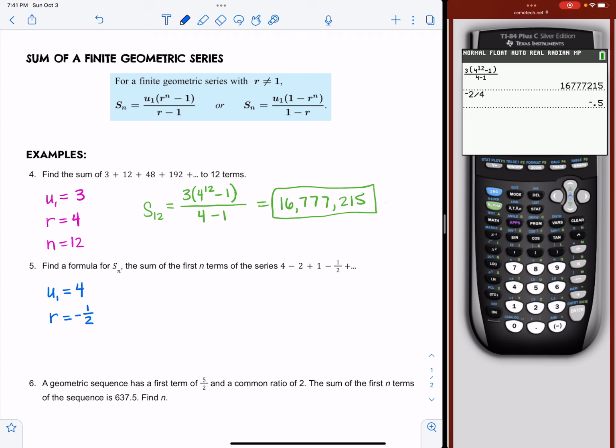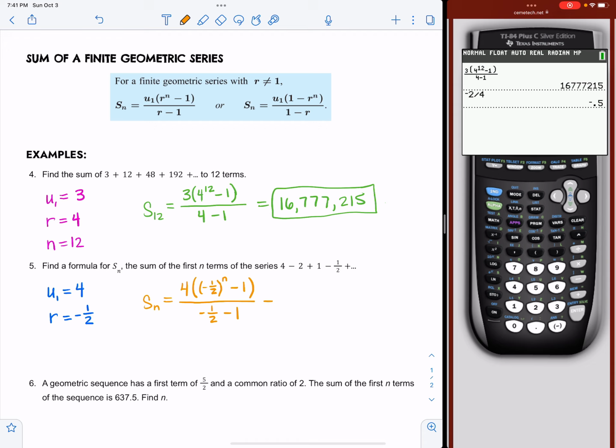And we want to just write the formula for it. What you have to realize is when they say write the formula for it, they just want us to substitute into it. So we're going to have S sub n is equal to u sub 1, which is 4, times the common ratio, which is negative 1/2, to the power of n, minus 1, divided by negative 1/2 minus 1.